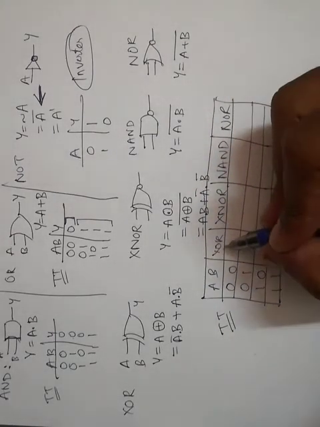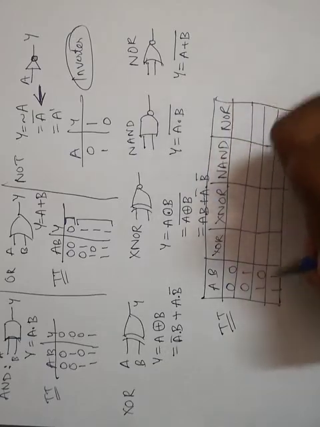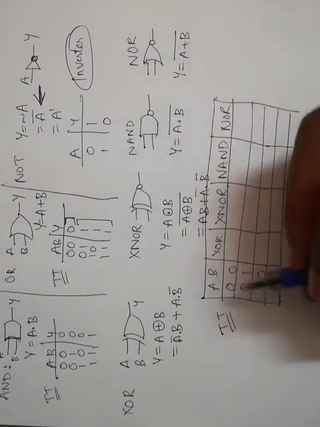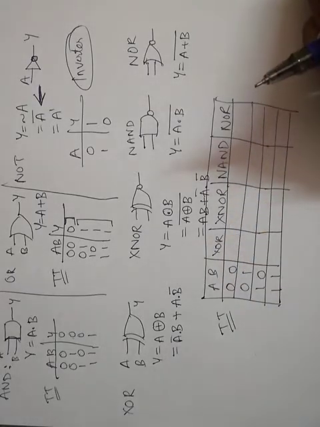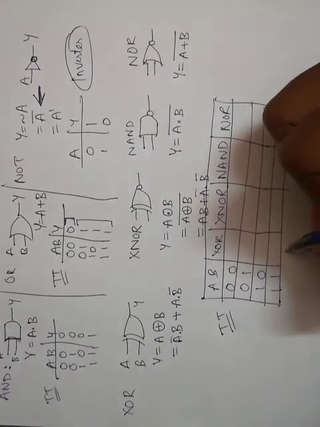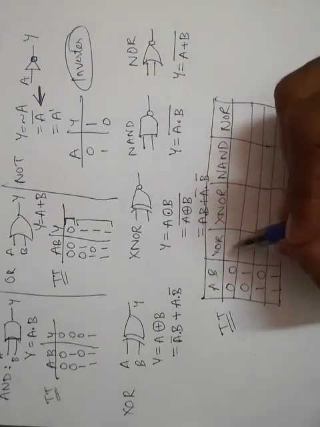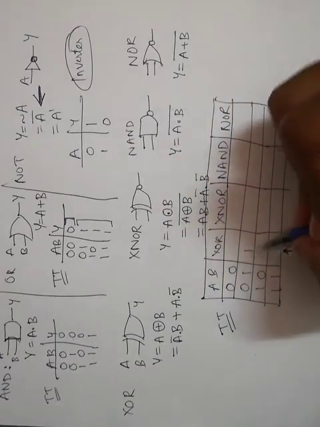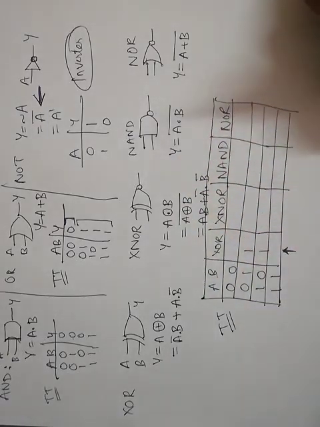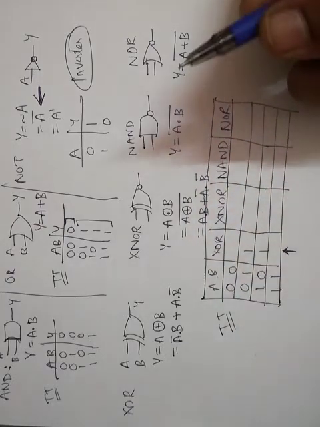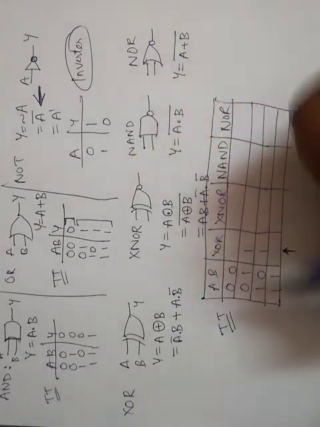XOR: the definition of XOR is if any of the inputs is 1, output is 1. Only one of the inputs should be 1, then output is 1. Or we can have a simpler definition for simple remembrance: the XOR gate is having 1 if inputs are not the same. Because we have a 2 input gate, it will be easier to remember.